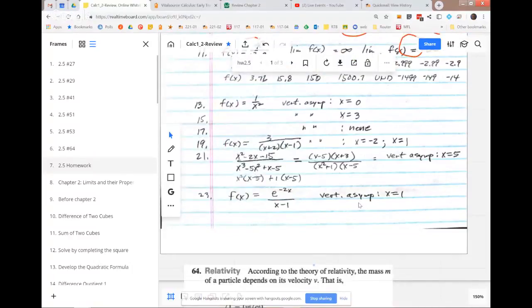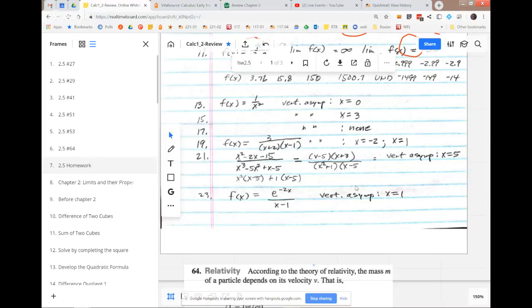All right. So here's our fraction: x squared minus 2x minus 15 over x cubed minus 5x squared plus x. Okay, so this is a factoring problem. On top, it wouldn't take you too long to realize it's x minus 5 times x plus 3. Now on the bottom, that's one of those divide and conquer problems.